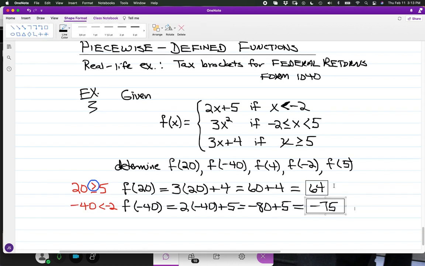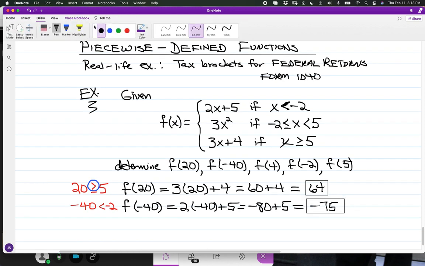And for what we have in the case of f of 4, okay, now 4 is going to fall between negative 2 and 5. So again, for the first half of the compound inequality, the less than portion is going to comply.